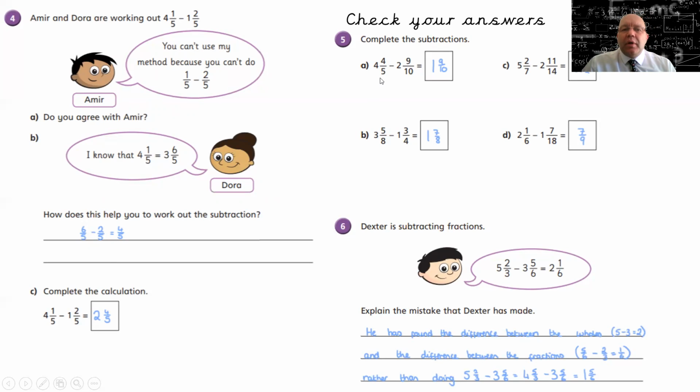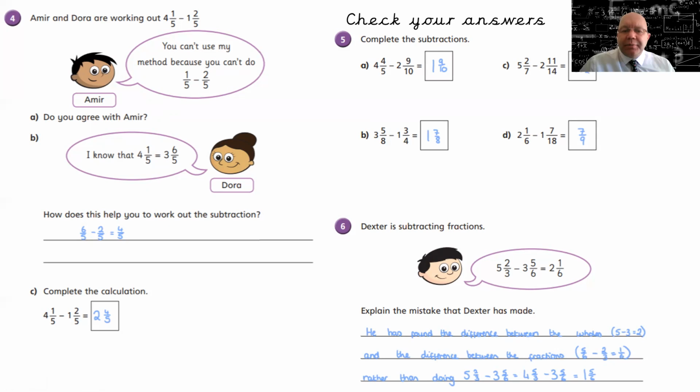Question 5. A is 1 9/10. B is 1 7/8. C is 2 1/2. And D is 7/9. For C, if you've forgotten to simplify, you will have got 2 7/14. And for D, you would have got 14/18.